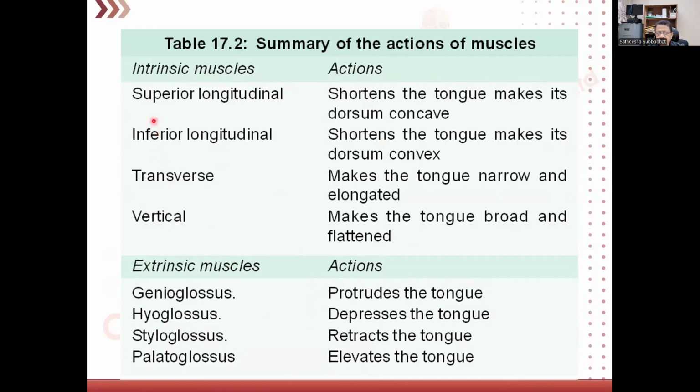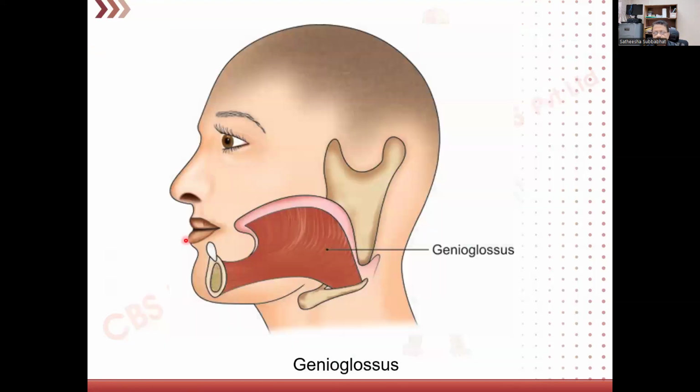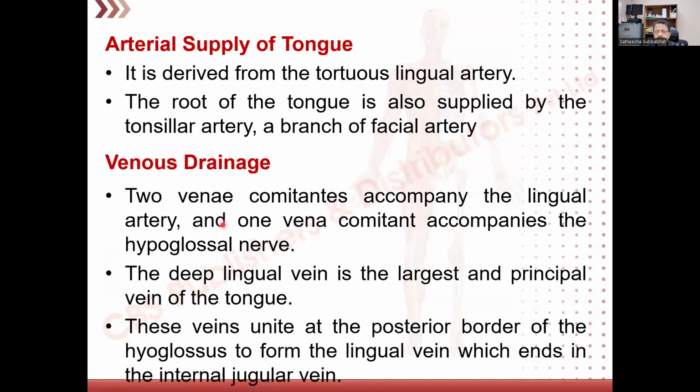The intrinsic muscles are named according to their direction: longitudinal, both superior and inferior, transverse and vertical, on each side of the tongue. This is the genioglossus muscle, one of the extrinsic muscles, which is the most important muscle as far as the tongue is concerned, and which forms the bulk of the tongue.